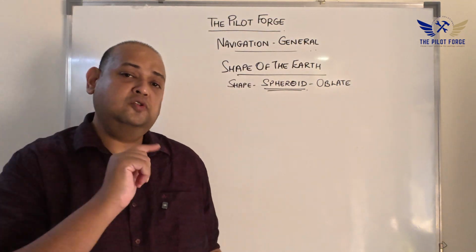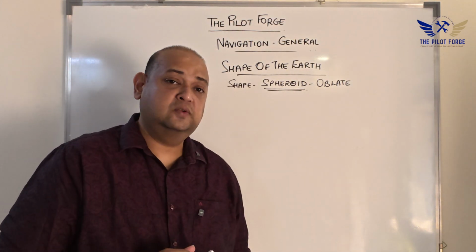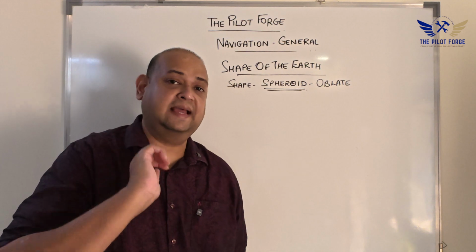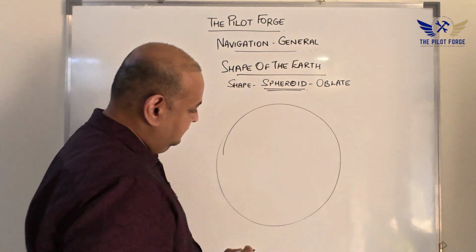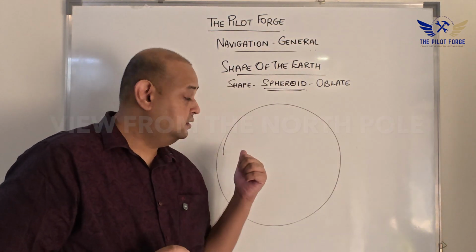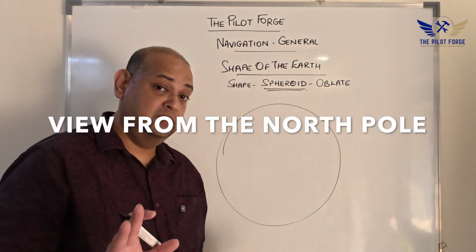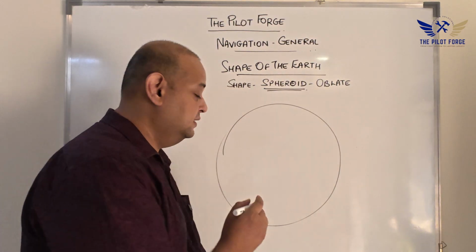Now, what I want to bring your attention to is the North and South Pole and the axis that it runs on. All right. This is the planet. We're taking a look at the planet from the top down, which means that we will have the North Pole represented as a dot.